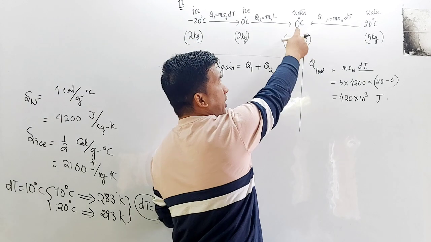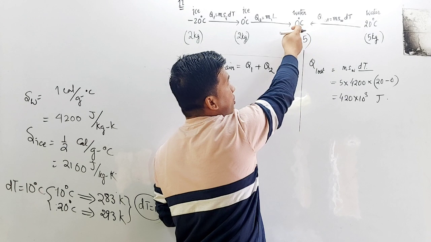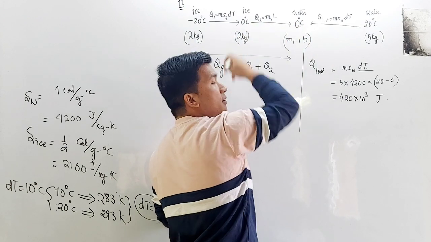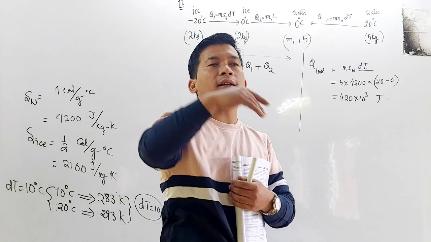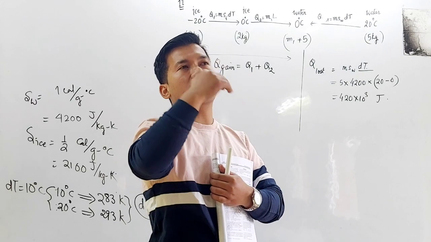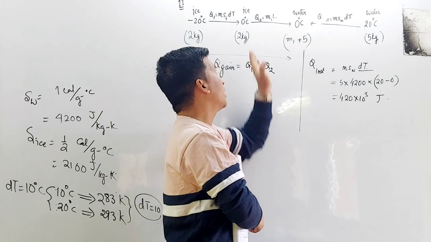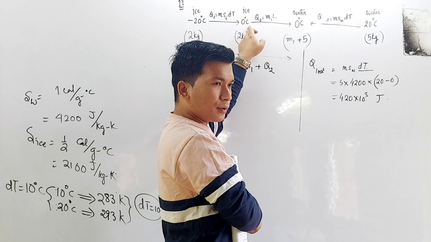If heat is extracted from 0 degree water, it turns into 0 degree ice. Whenever 0 degree ice receives some energy, that is the melting process, going to the right, from 0 degree ice to 0 degree water.